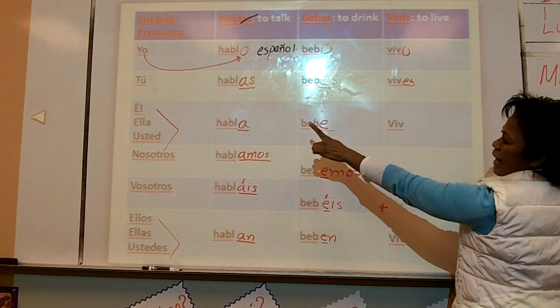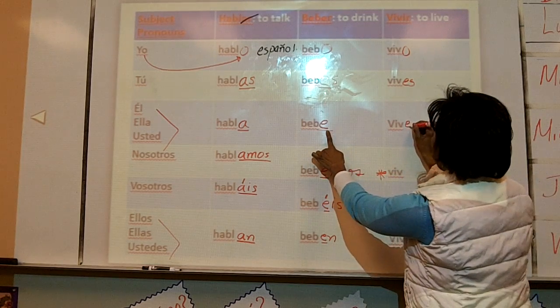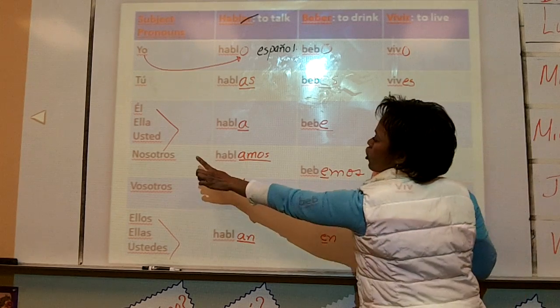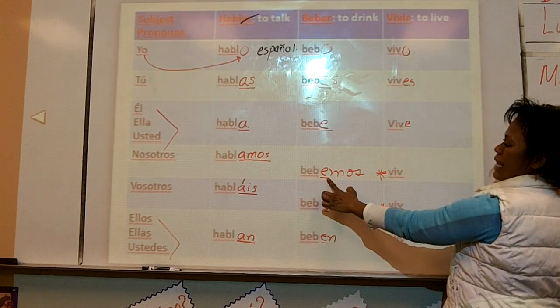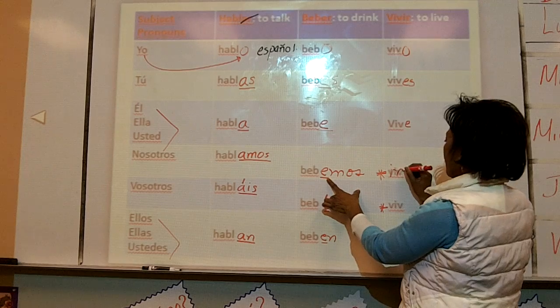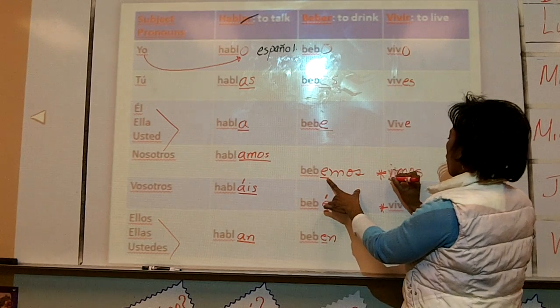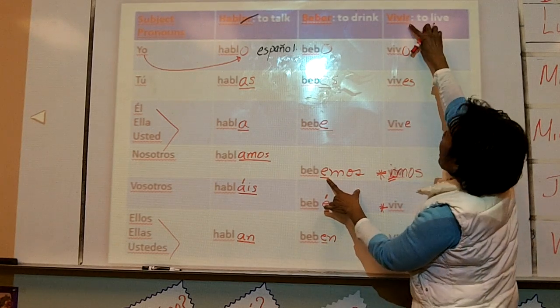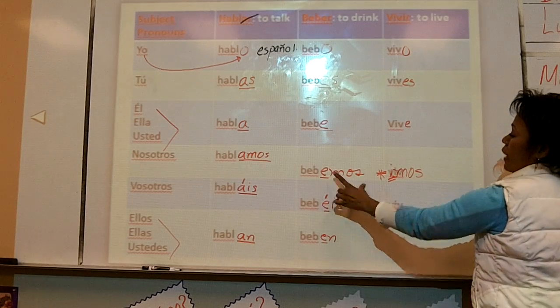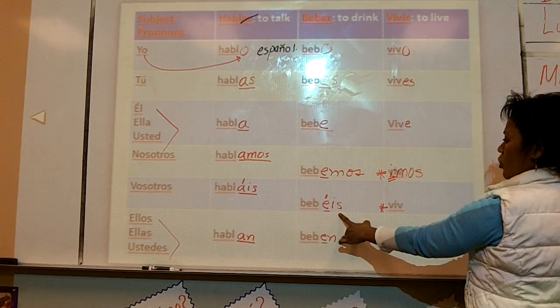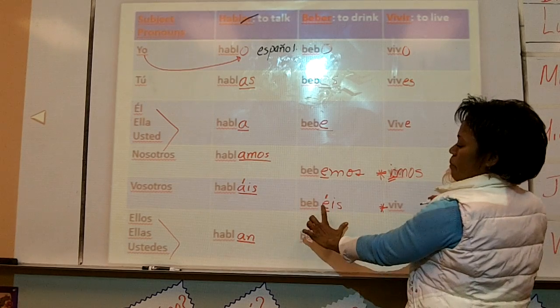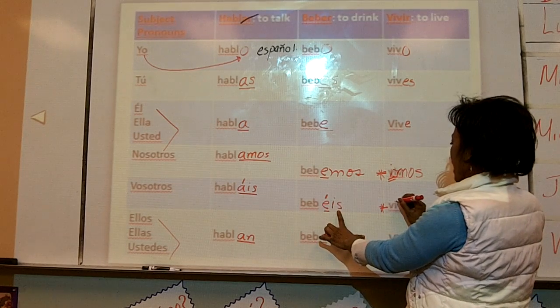The ending for él, ella will be, again, an E. Now the ending for nosotros, instead of an E, is going to be IMOS. Why is it an I? Because now I have an IR ending verb. The ending for vosotros is not going to be EIS, just an I.